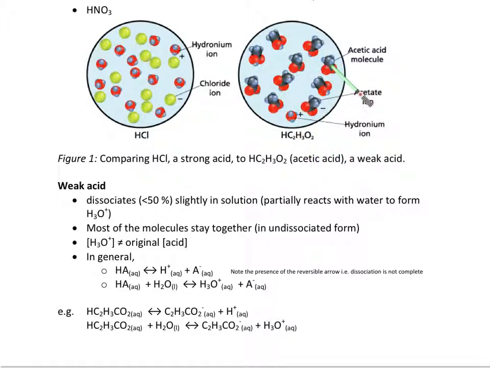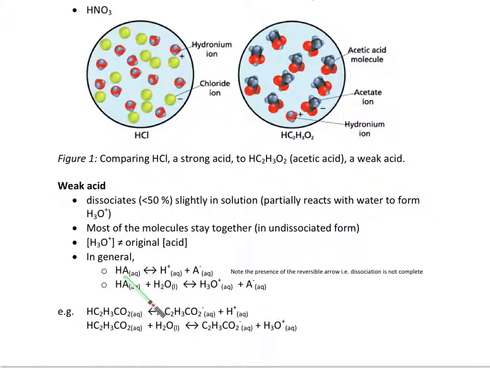here, we've got the acetic acid molecule, so the undissociated acid. We've got hydronium ions, which we know are produced in all acidic solutions, and then we have the acetate ion. An example here would be HA, the acetic acid, and then you've got your protons which have been produced from the dissociation, and you've got the A-, the acetate ion.